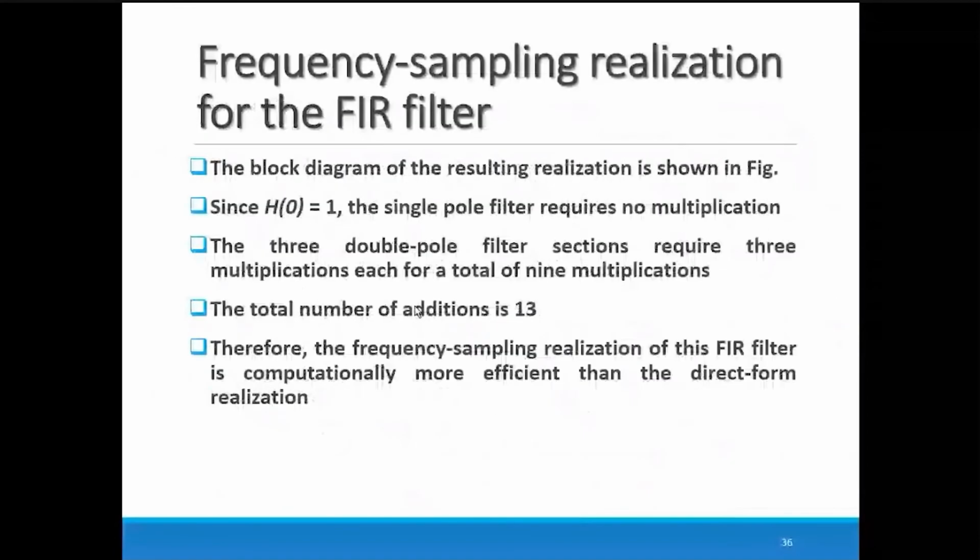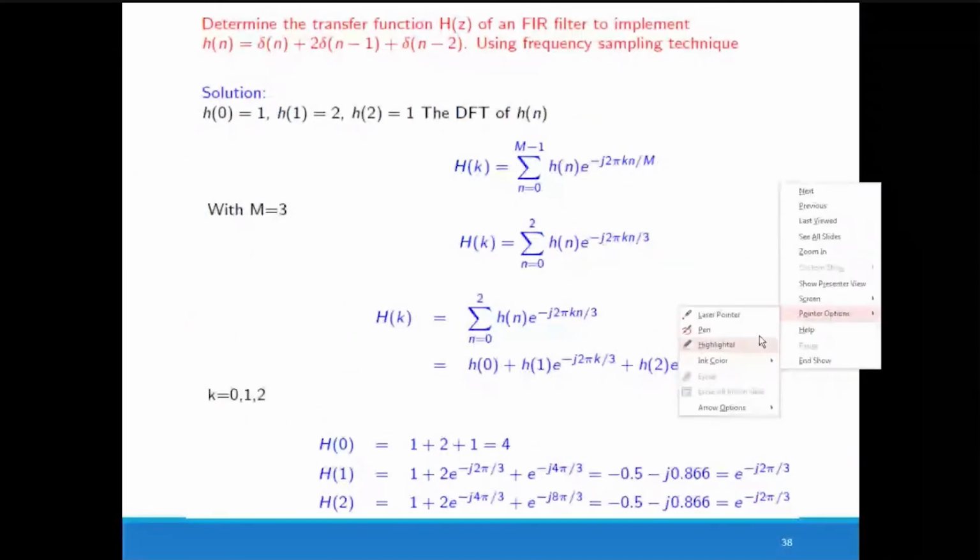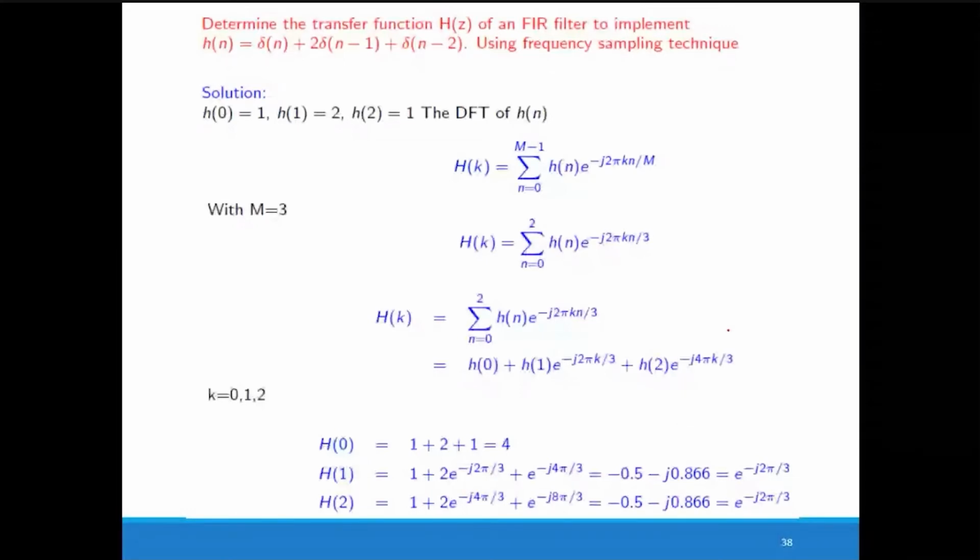Determine the transfer function H of z of an FIR filter to implement h of n equal to delta n plus twice delta n minus 1 plus delta n minus 2 using the frequency sampling technique. First you have to determine the transfer function H of z.